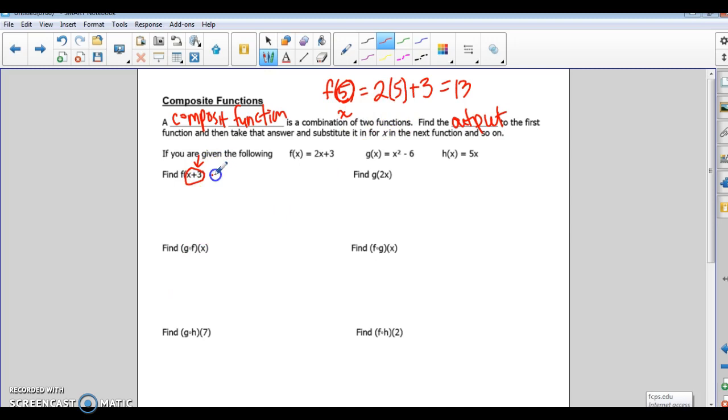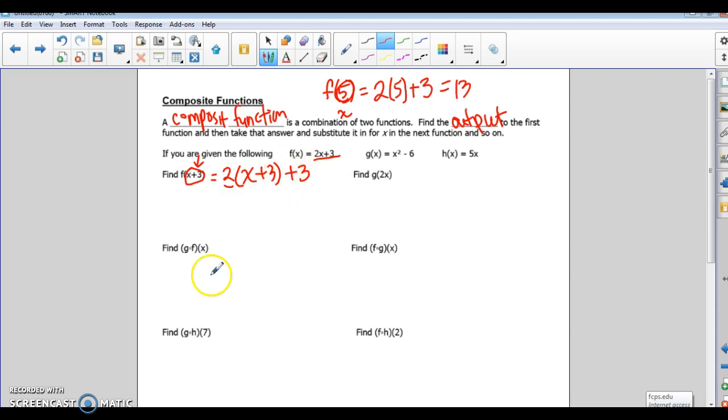So I'm going to rewrite the problem: 2, and then instead of this x, we're going to substitute x plus 3. So I did 2 times x plus 3, and then plus 3. All we're doing is, instead of this tiny little x, we replace it with x plus 3.